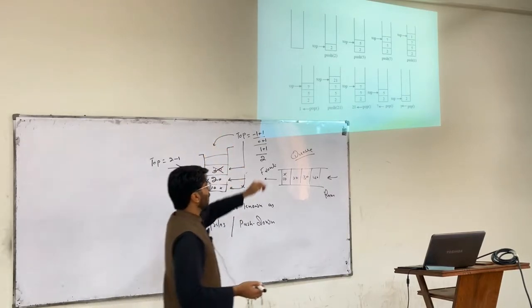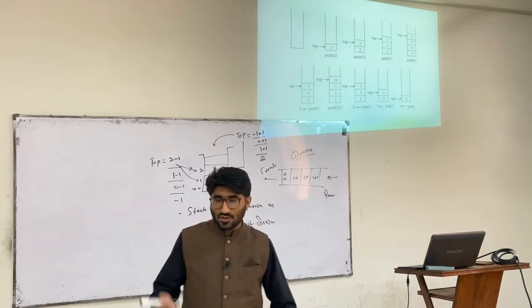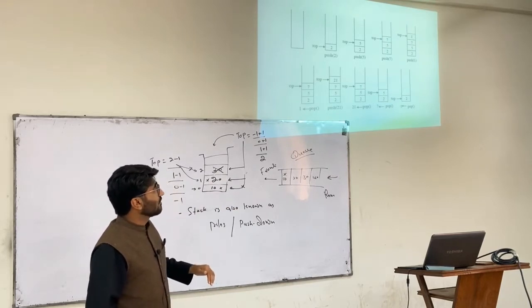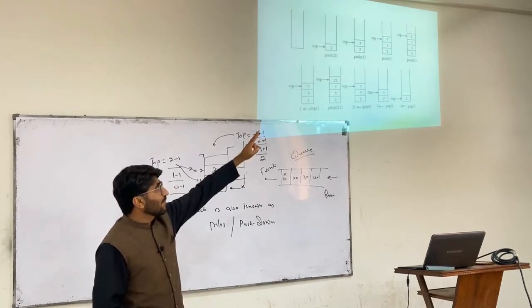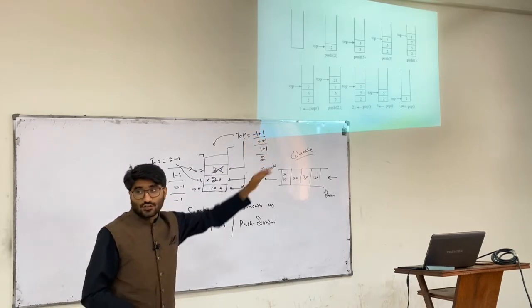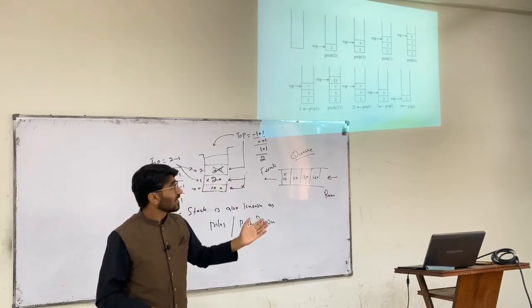Now we want to perform the pop operation in the last row. We're performing the pop. So which value will be removed? The one which was on the top, right? After performing the pop operation, that value has been removed.